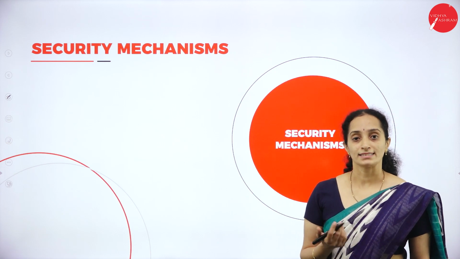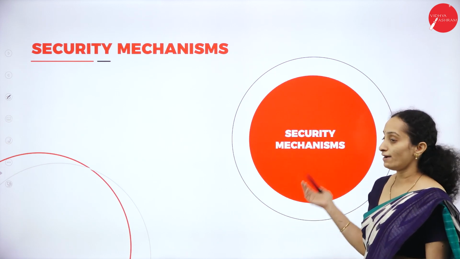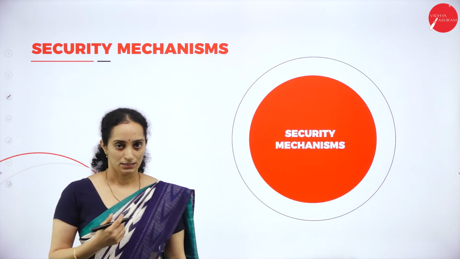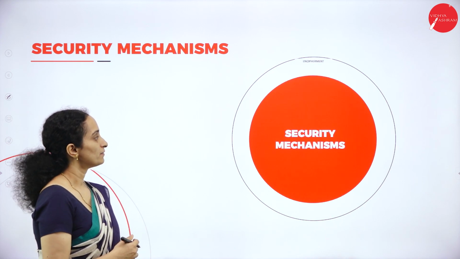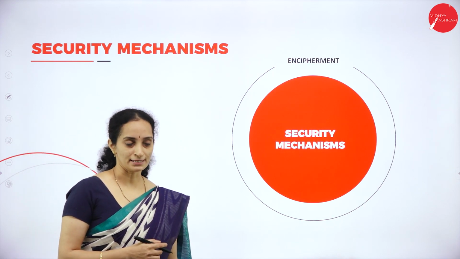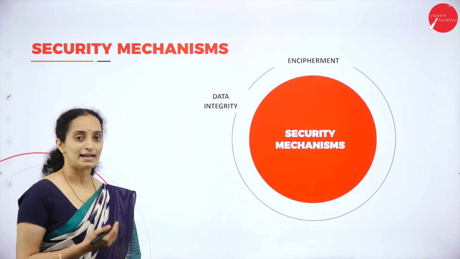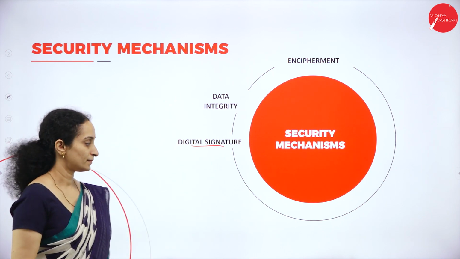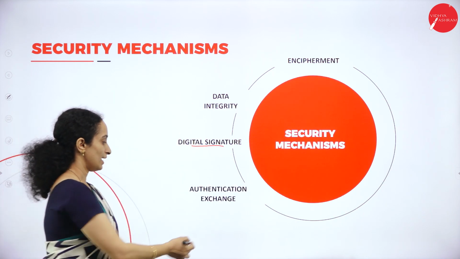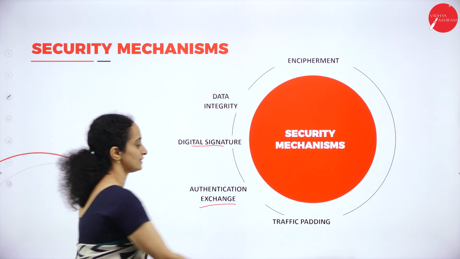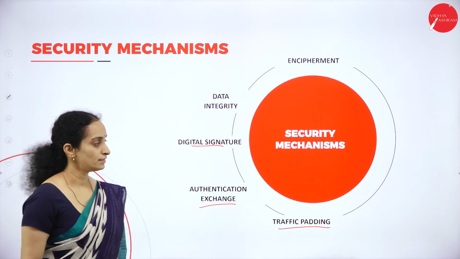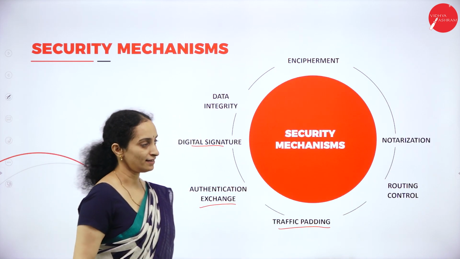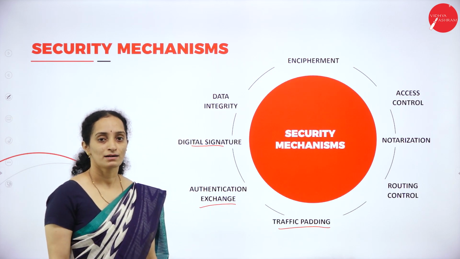Next comes the security mechanisms. We have several security mechanisms that are provided by the network security provider. One is encipherment. Next is data integrity, then digital signature, authentication exchange, traffic padding, routing control, notarization and access control.